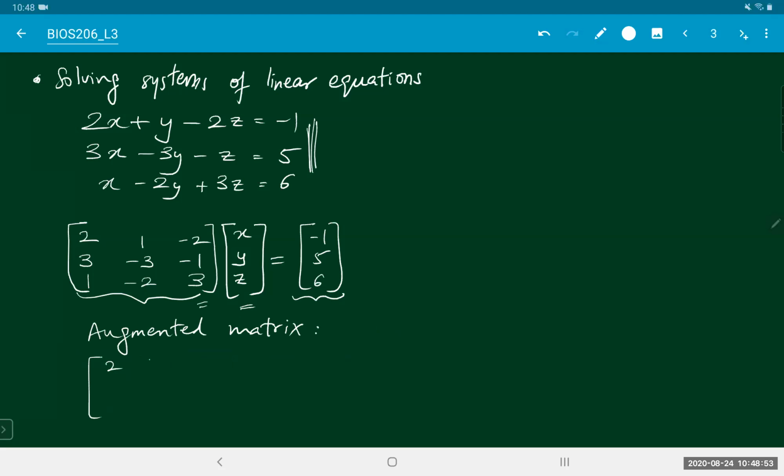So in this case, 2, 1, -2, 3, -3, -1, 1, -2, 3. And then you just put one line over here in between to distinguish the two sides. And then you stick that right-hand side matrix over here. So this is called an augmented matrix.